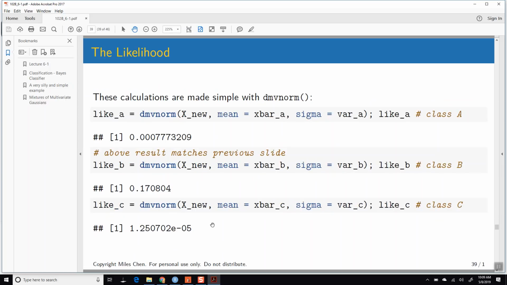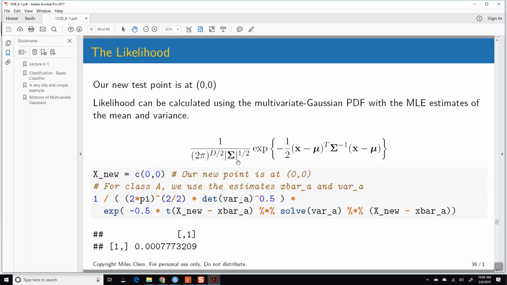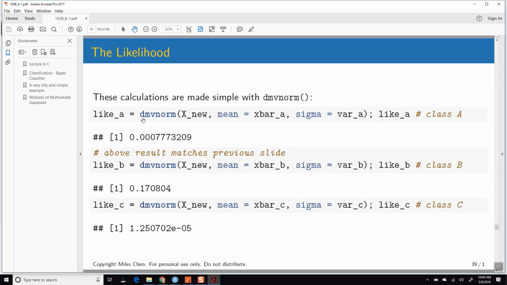R has the package multivariate norm, which does the same calculation, but a lot easier. You don't actually have to punch all of this out, just like with dnorm, you don't have to write out the full equation of the normal distribution PDF. So we can just use dmvnorm, put in our new value, the mean, and the variance.